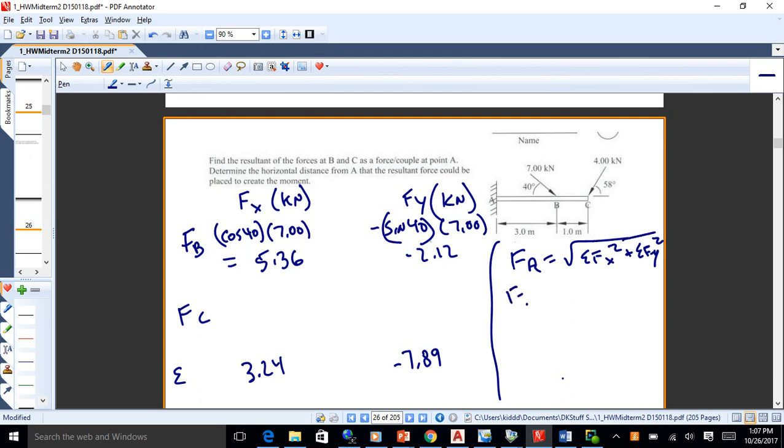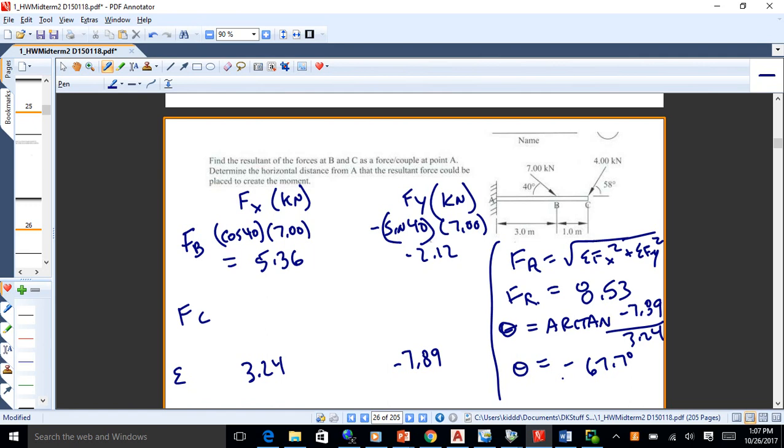Take a square root, so that'll get you the resultant, and that comes out to be 8.53. And then to get theta, you take arctan, which is also tan to the minus 1, of negative 7.89 over 3.24, and that comes out to be negative 67.7 degrees.